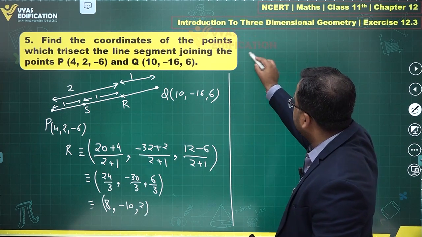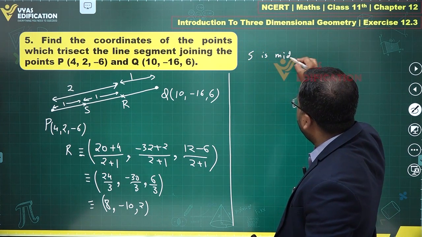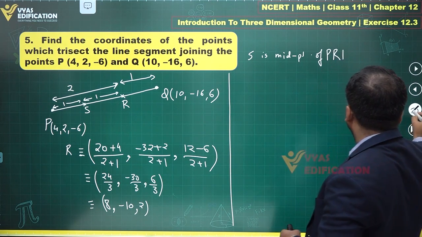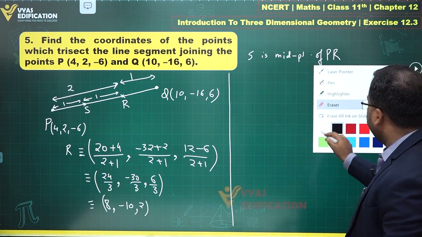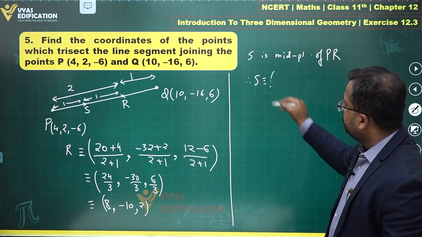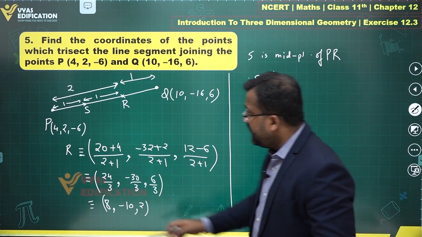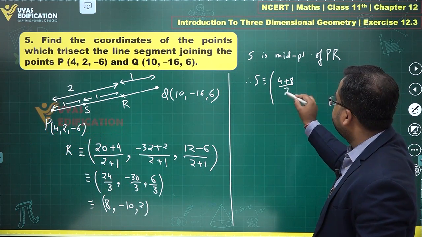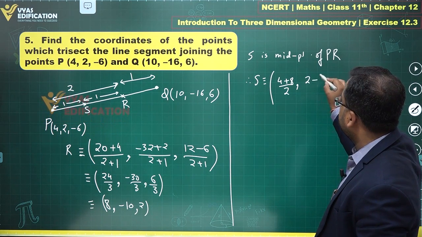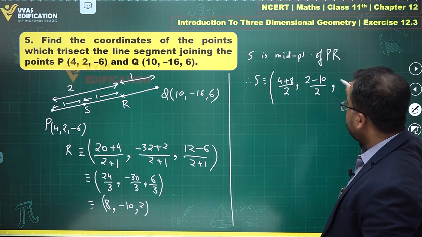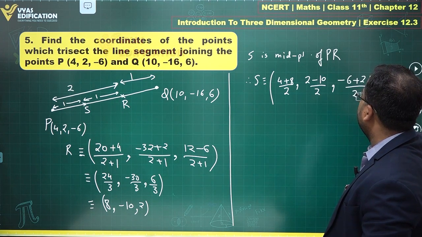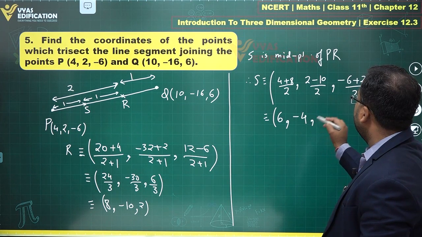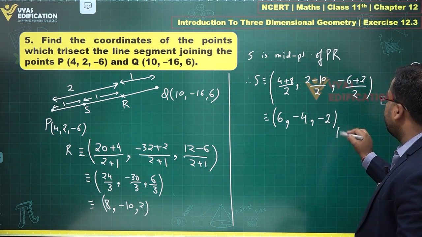Now, S is the midpoint of PR. Therefore, coordinates of S will be the midpoint of P and R: (4 plus 8)/2, (2 minus 10)/2, (minus 6 plus 2)/2, which is (6, -4, -2).